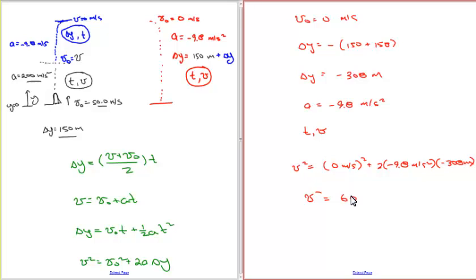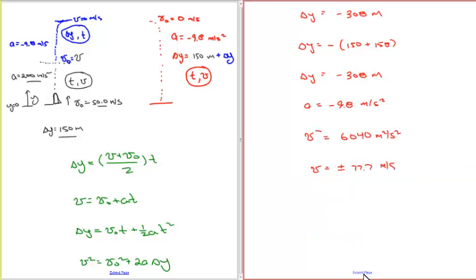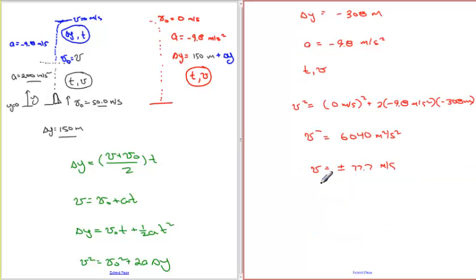And we have 6,040 meters squared per second squared. Take the square root, we get plus or minus 77.7 meters per second. Now, because we know it's falling down, we can pick the negative version, so it's negative 77.7 meters per second.